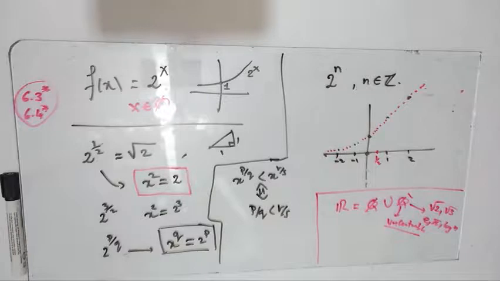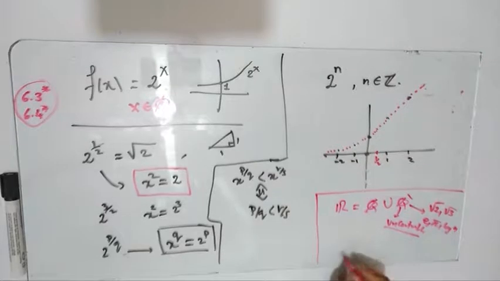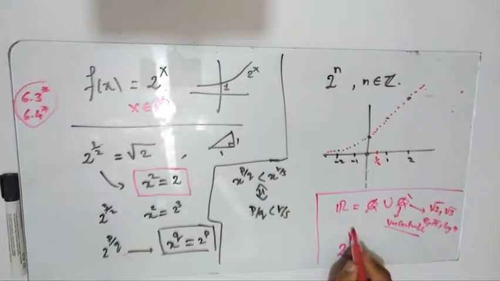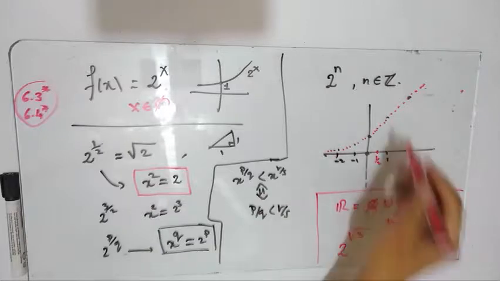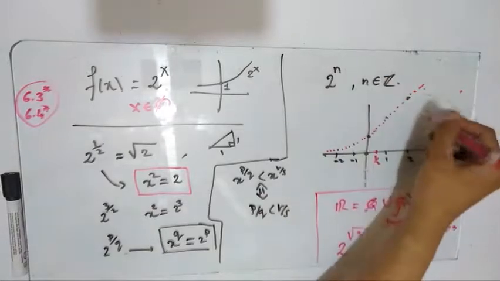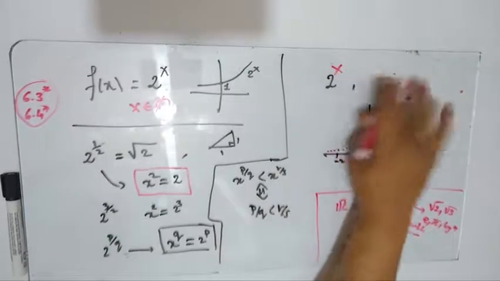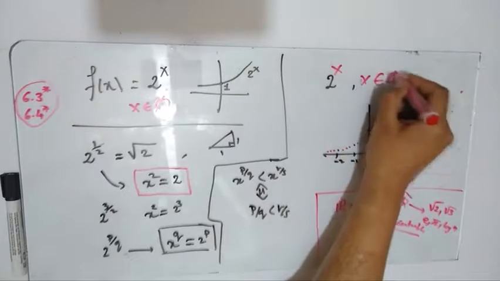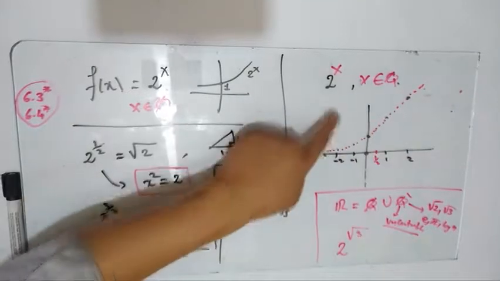Okay, so now let's choose square root of 3. What do we mean by 2 to the power square root of 3? Actually, it's a little bit complicated to define. Okay, we know that this is the graph of 2 to the power x, where x is in Q. And we want this function to be something like that.